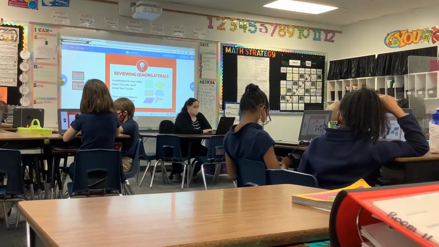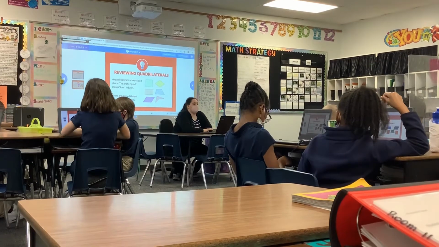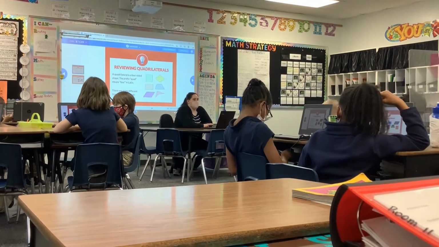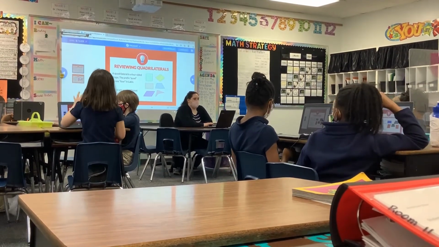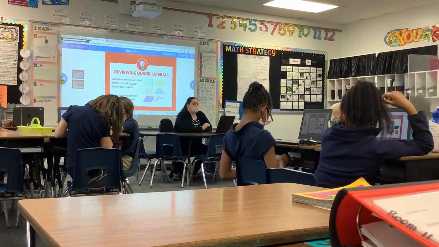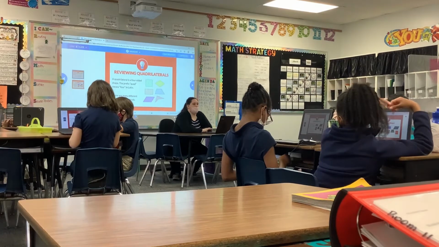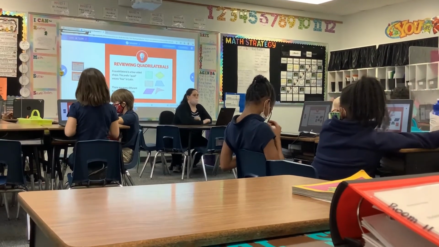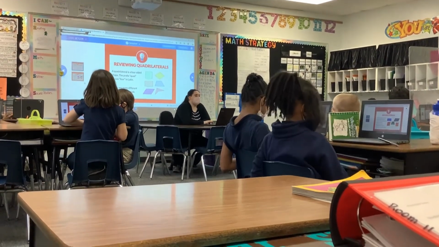Say that with me: quad means four. If you can remember that, when you read quadrilateral, you should instantly think, oh, four sides, four angles.